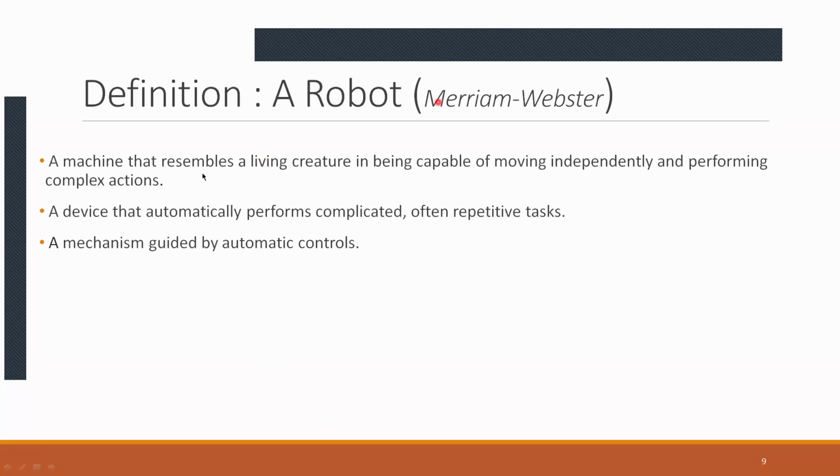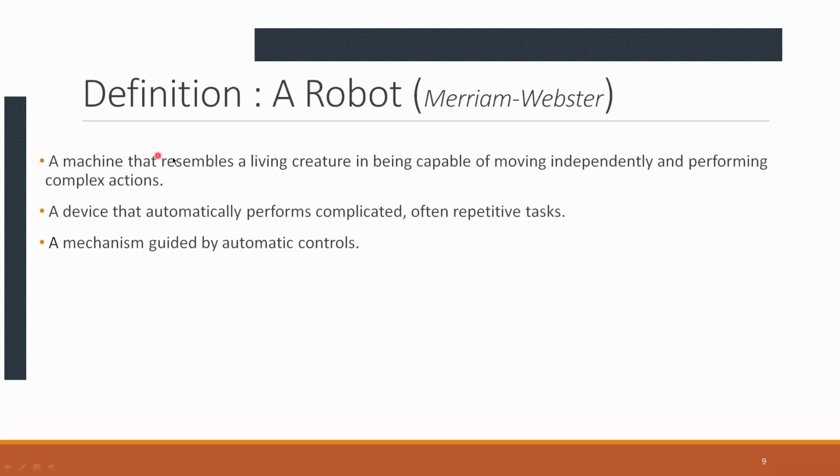Now the Merriam-Webster dictionary provides 3 definitions of what a robot is. The first definition is a machine that resembles a living creature in being capable of moving independently and performing complex actions.